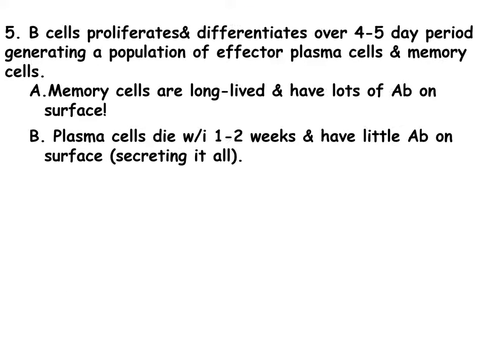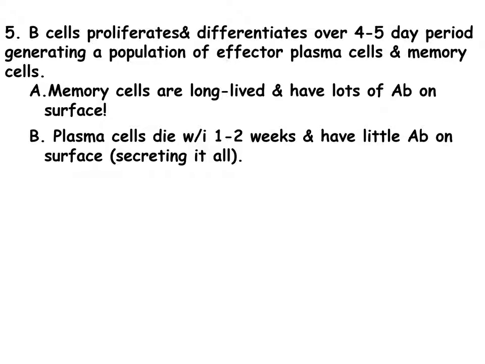What happens when the B lymphocyte is activated? Well, it proliferates and it differentiates over about 4 to 5 days and forms a population of either effector plasma cells. Plasma cells secrete antibody. That's their major function. And or memory cells. Now, the memory cells are long-lived.